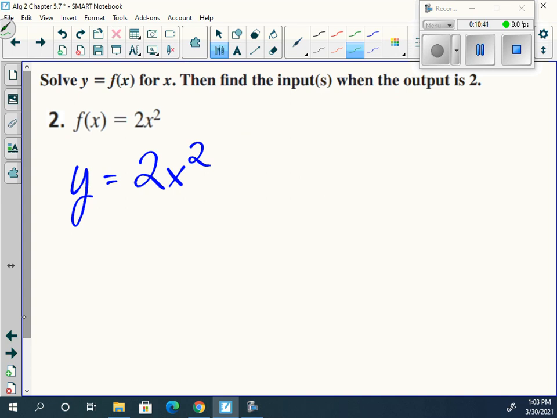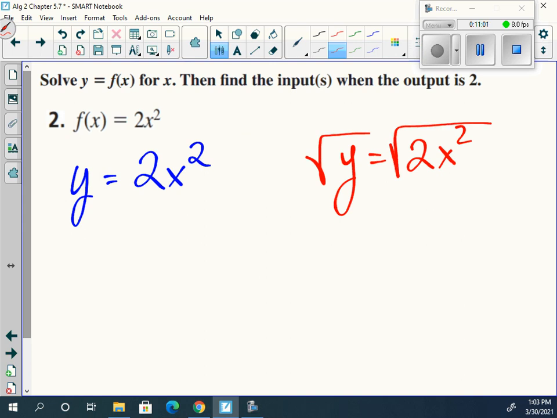I would divide first. Because square roots are roots, I would always wait till the end or wait till I absolutely have to do it. Because if we did take the square root of both sides first, we'd end up with plus or minus the square root of y is equal to the square root of 2x squared.